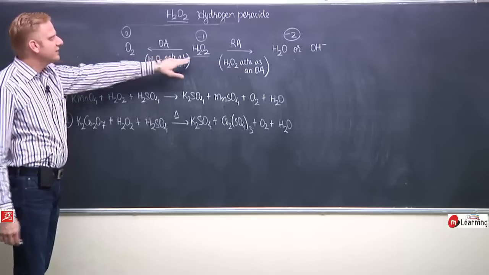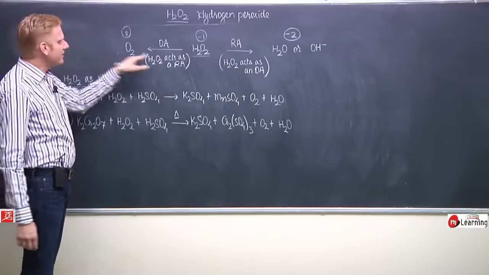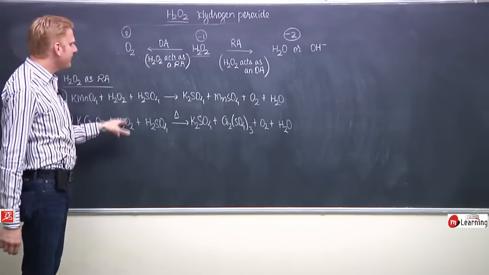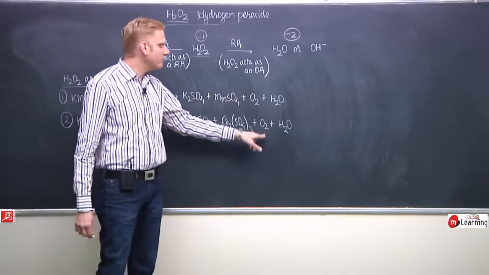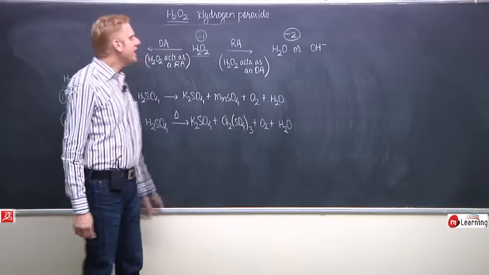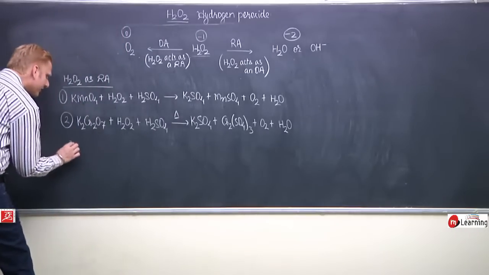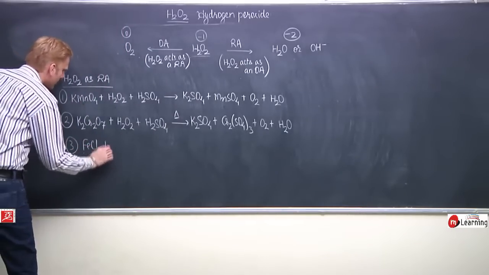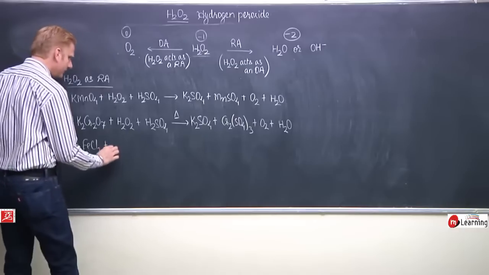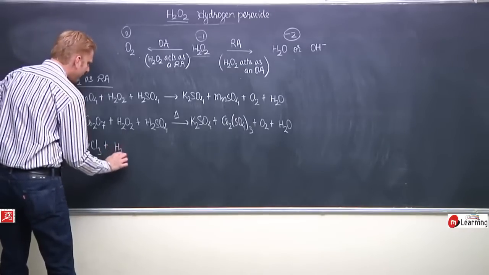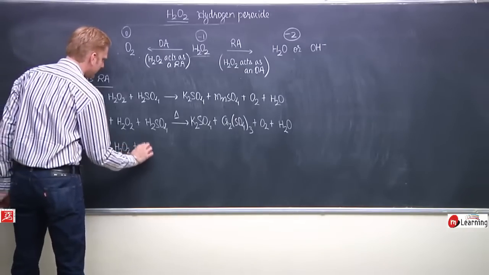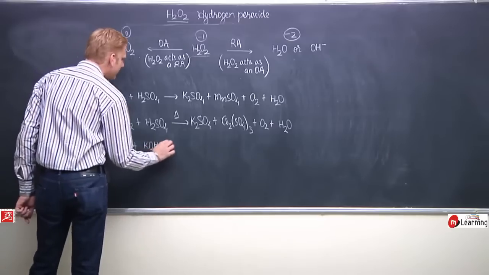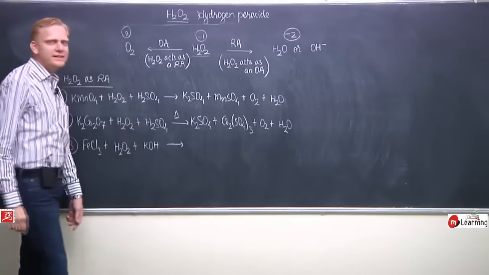I am talking about this part. Whenever hydrogen peroxide is taken as a reducing agent, it is liberating oxygen. I take one more case, that is an important thing. Suppose we have ferric chloride and we have hydrogen peroxide. The required medium for this reaction is basic.